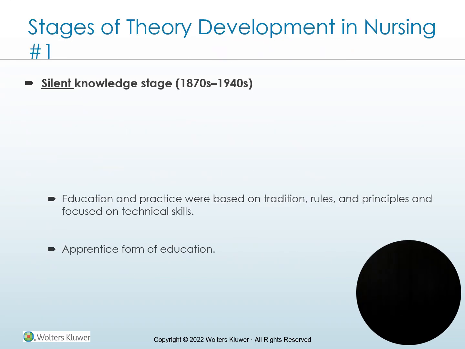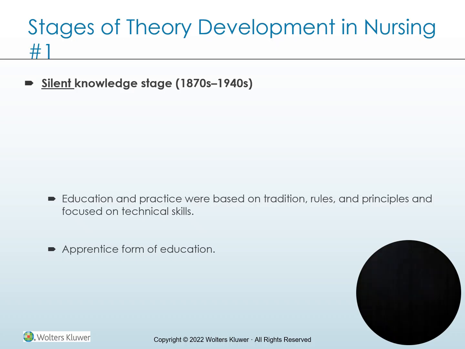So let's talk now about the stages of theory development in nursing. When we think about that, I want you to think about the historical journey of theory development in nursing. We have the silent knowledge stage, which was between the 1870s and 1940s. This is when education and practice were based on tradition, rules, and principles.